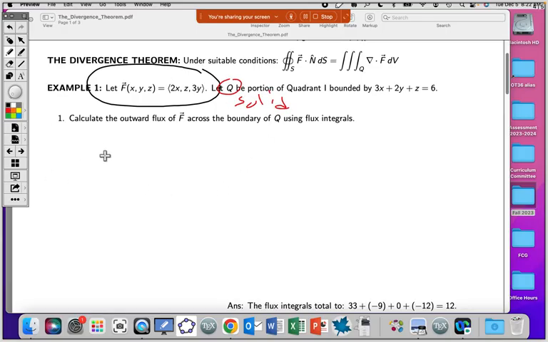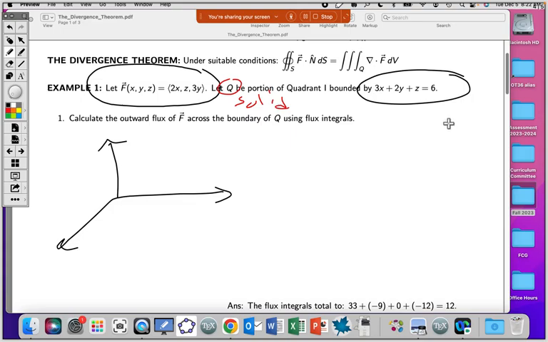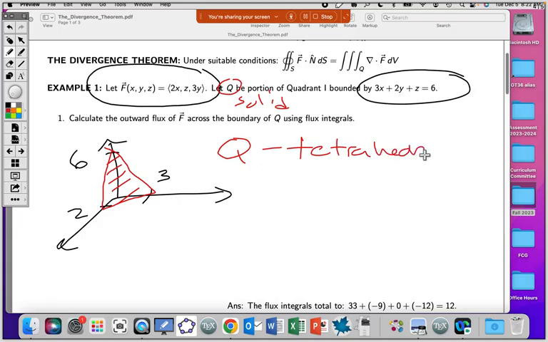If you go to graph this, this is the plane we had yesterday. So here's what Q is. What kind of shape is that? So Q is going to be a what? You've got this front-facing triangle along with all the sides. So this is a tetrahedron. Okay, so Q is a solid.